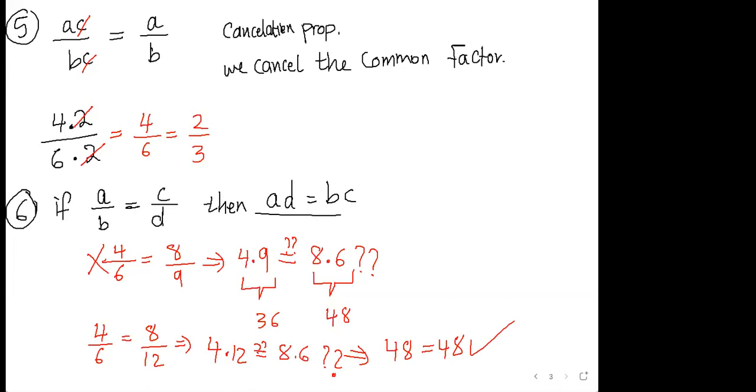So here in the chat, we have some questions. Christopher said this is the only property with a name. No, some properties have a name, but we don't need it. We need the cancellation property, and for number 6, it's called cross multiply.